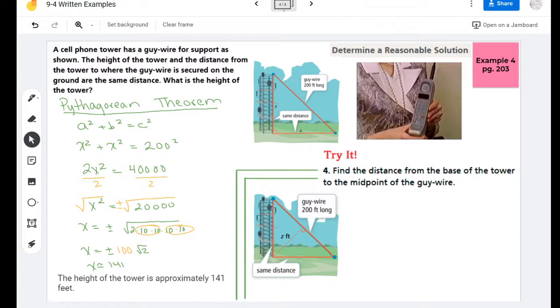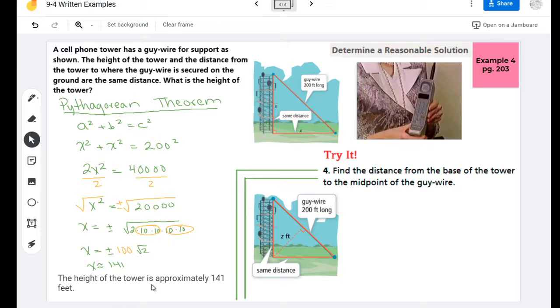Alrighty. So now we're dealing with another one where they give us this z feet. This one I think is kind of interesting.